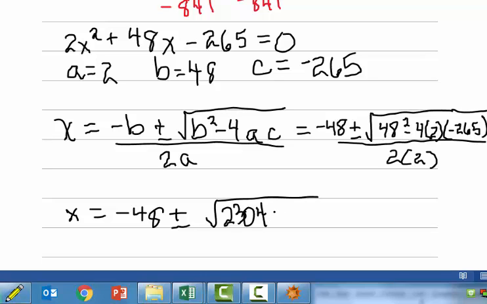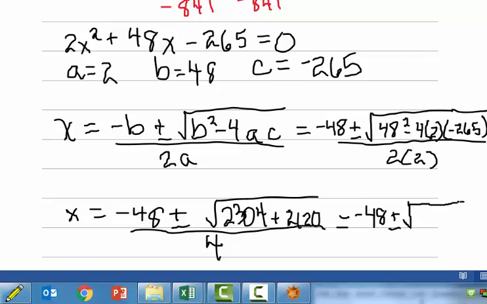A negative 8 times a negative 265 gives me a positive 2,120. And that's all over 4. So this is minus 48 plus or minus the square root of 4,424 all over 4.